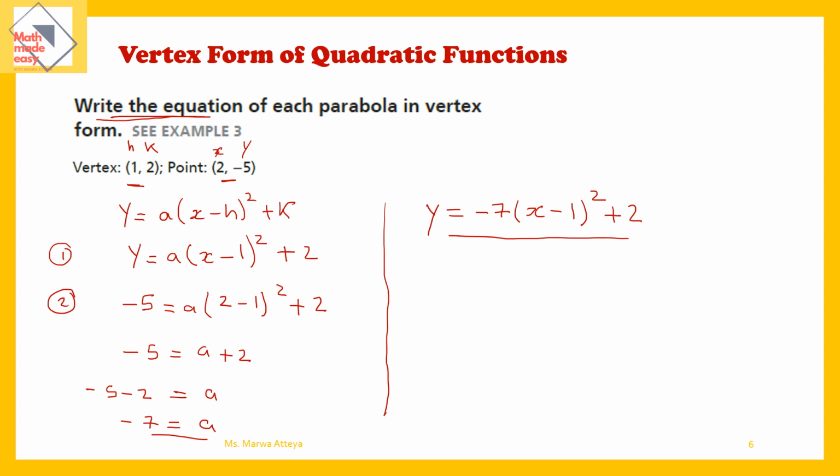So whenever we have 2 points, one of them is the vertex, substitute for the vertex, then substitute for x and y using the point, then simplify to find the value of a, then plug in a, h, and k in the vertex form of a parabola, and then you have an equation for that problem.